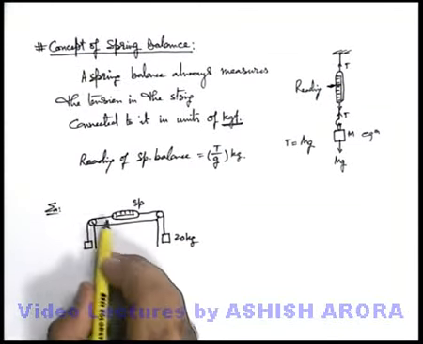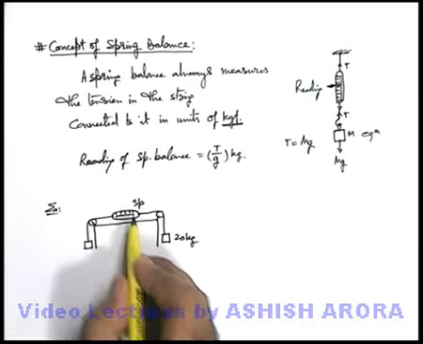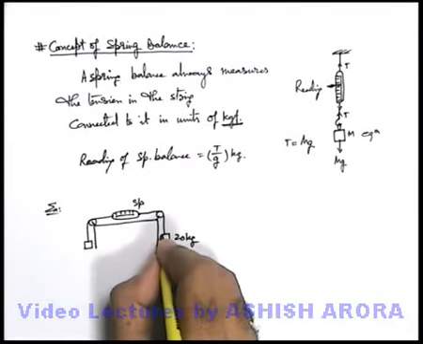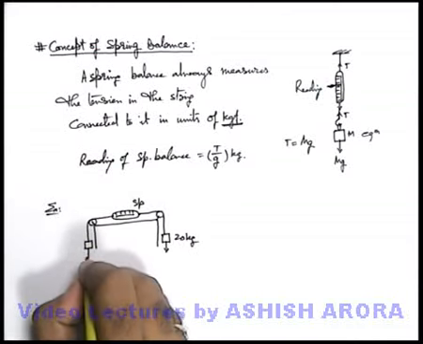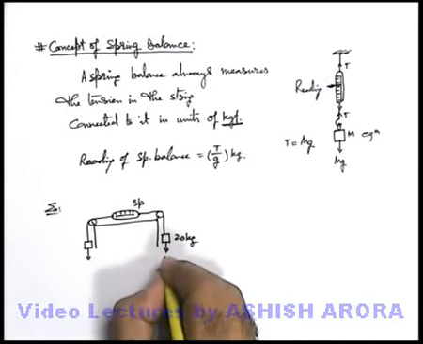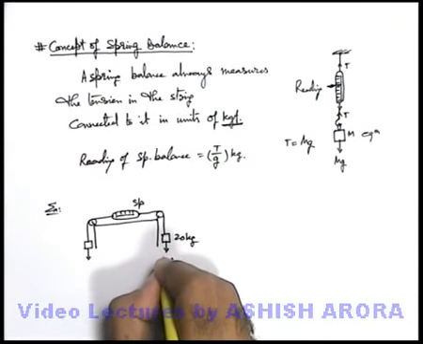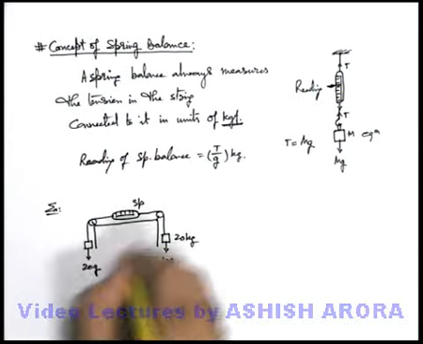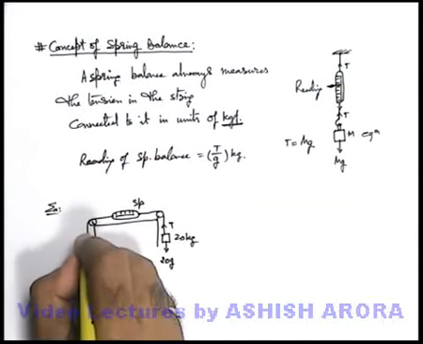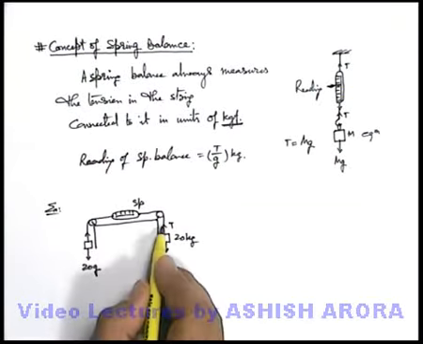If we wish to measure the reading of this spring balance, due to the weight of both of these blocks, 20g will be the weight which will act in the downward direction, and a tension is developed in the string.